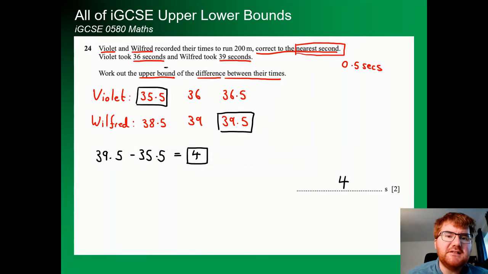If the question asks me for the lower bound of the difference between the two times, then we do kind of the opposite process. You're going to see this a lot in this video. So we take 38.5 minus 36.5, so the lower bound of the difference would be 2 seconds. So it's not just important to understand how to do this particular question, but the variations of this question and how you would approach it.